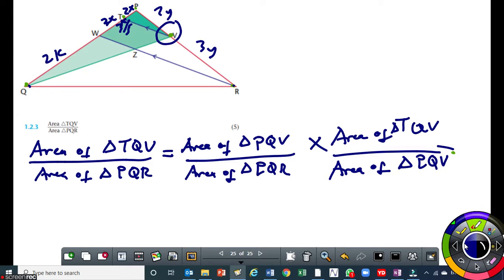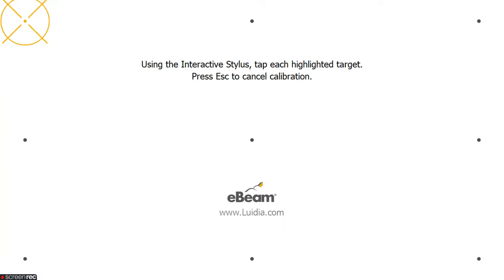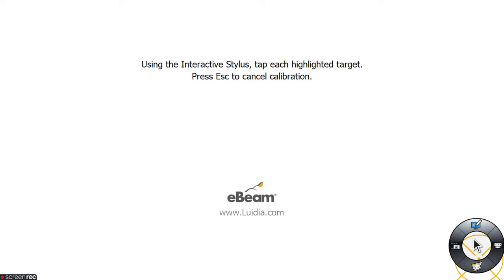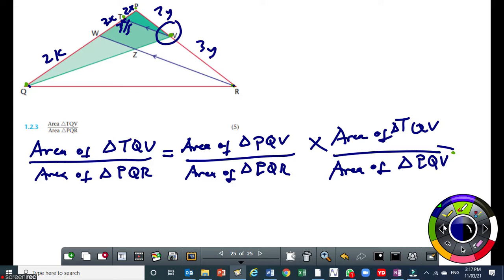The reason why we do it this way is because, I hope you can agree with me, based on the product that I wrote on the right, this numerator and that denominator are the same.